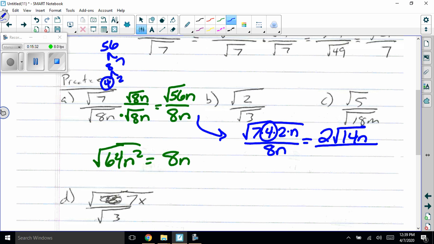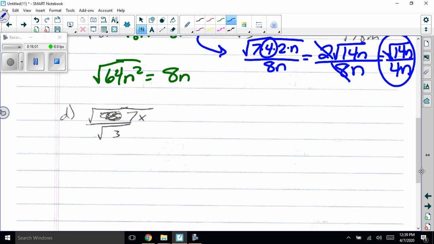I cannot do anything with it, over 8n. And again, we're good so far because the denominator does not have a radical. You're not allowed to have a radical in the denominator as part of your final answer. And guys, this is almost perfectly good, except we have to simplify the 2 and the 8, and we end up getting 2 radical 14n over 8n, which simplifies to radical 14n over 4n. That is our final answer.